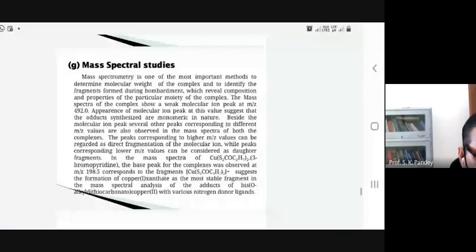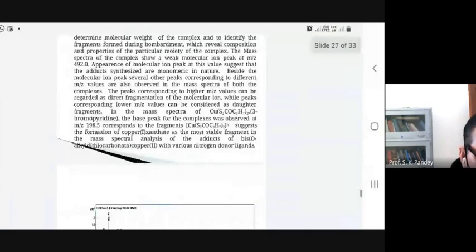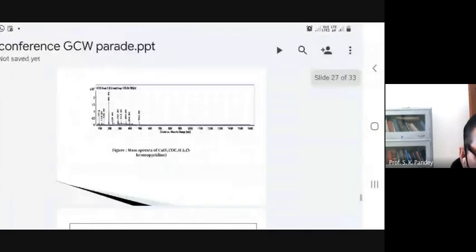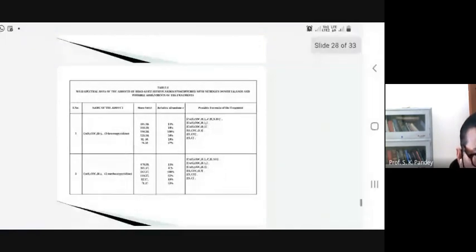So, the mass spectrum of the adduct with 3-bromopyridine is shown in the figure, and the peak corresponding to 198.40 shows the base peak, and with further degradation, the removal of mass particles. This is the table which shows the decomposition of the complex during the mass spectral study.